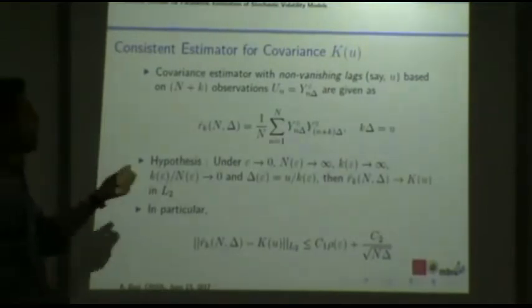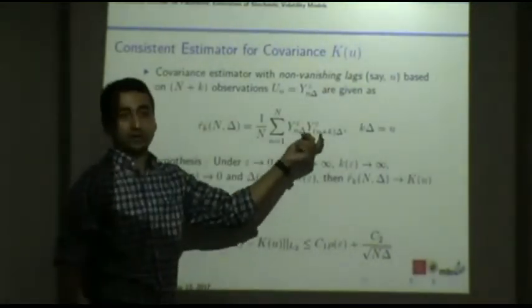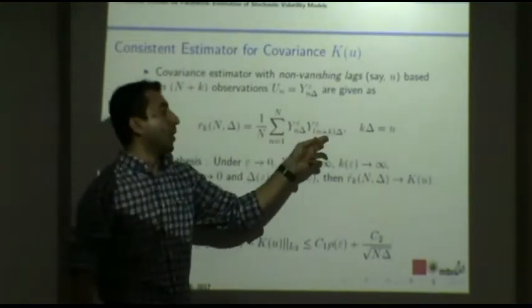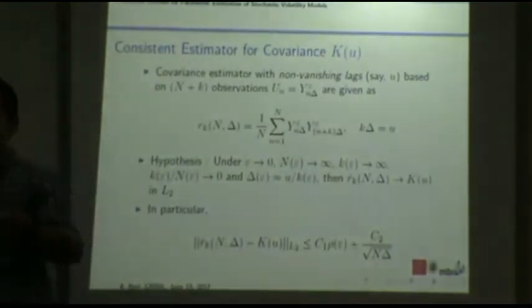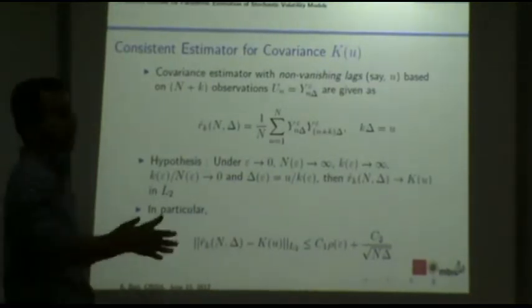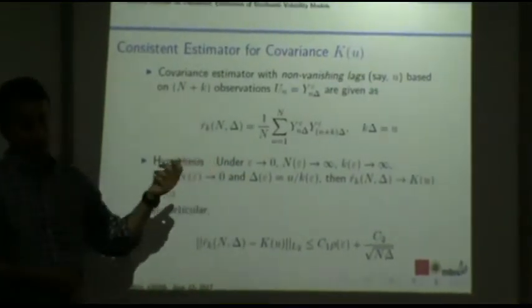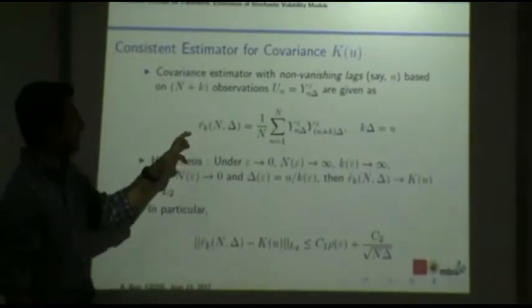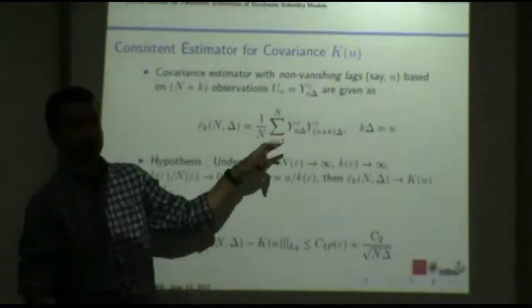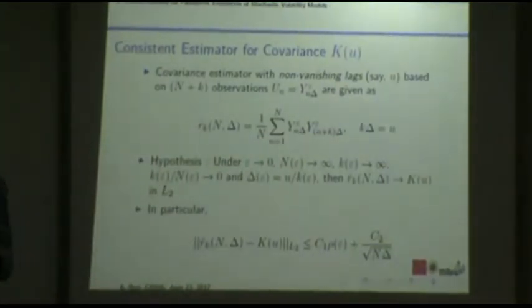I just define these sample estimates, which are nothing but the product of Y(n delta) and Y((n+k) delta), where k delta is u. So I'm just looking at the empirical estimates of the covariance at lag u. Notice that I'm suppressing the dependency on epsilon, but this is dependent on epsilon because the observable process is indexed by epsilon.